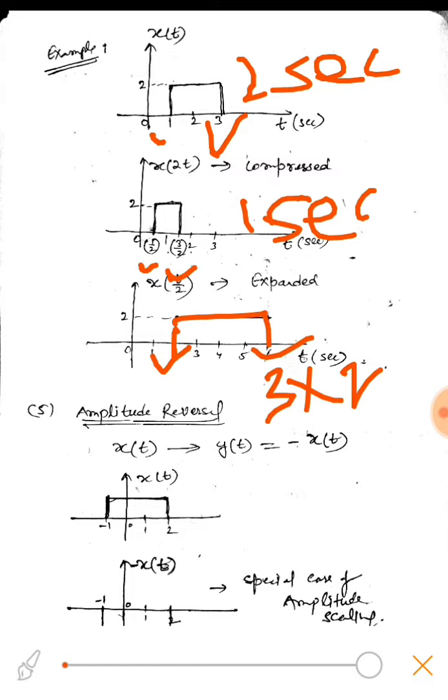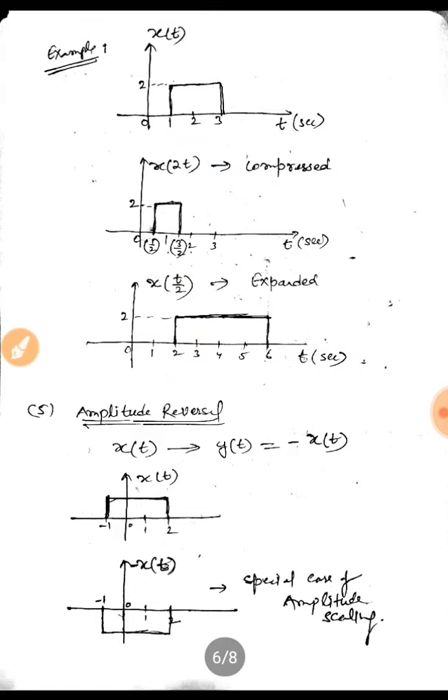The range was 2 seconds, now it has become 2 into 2, that is 4 seconds. So in the expanded version, the signal is defined for 6 minus 2, that is 4 seconds. This is how it is expanded in the time domain. Amplitude would remain the same.